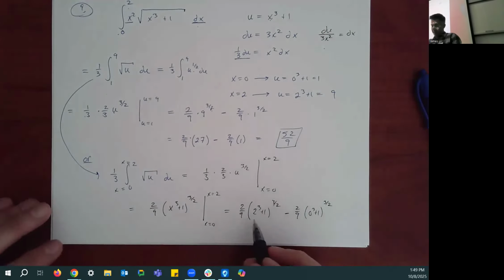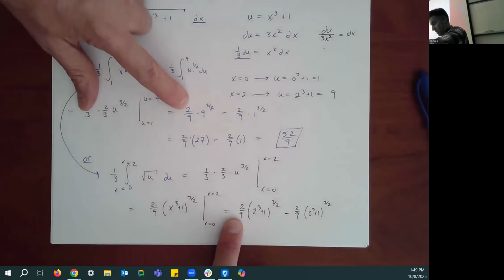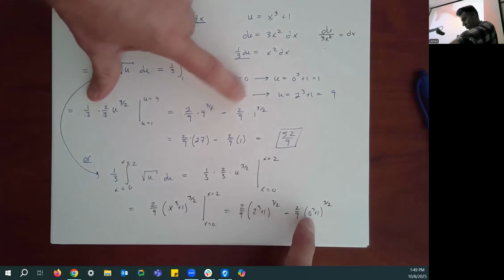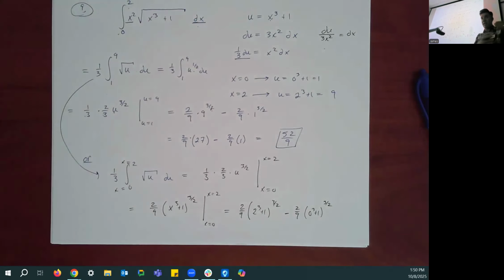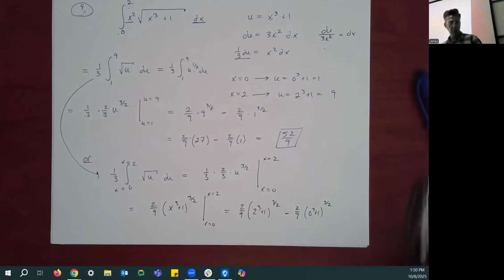Oh, look, this is the same. This is 2/9 times 9 to the 3 halves power minus 2/9 times 1 to the 3 halves power. So either way you do it, you should end up at the same place eventually. Just depends on how you want to write your work. Hopefully it's obvious, I think doing it the first way is better. But if you like to do it the second way, that's also okay.